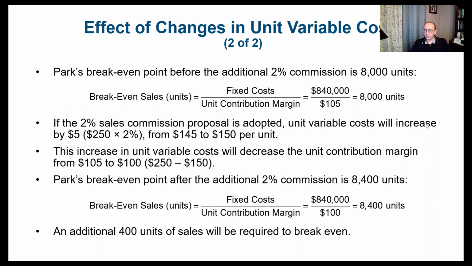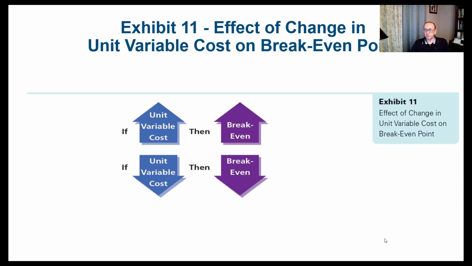So now, in order to be able to break even, we have to increase our sales by 400 units, just to satisfy the 2% sales commission increase. So we assume that this increase in the sales commission should increase the unit sales by more than 400 units.